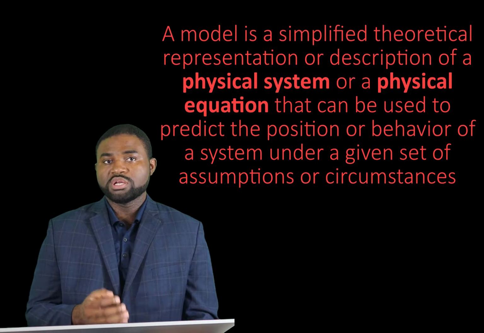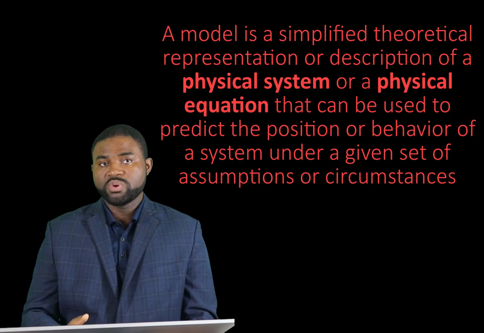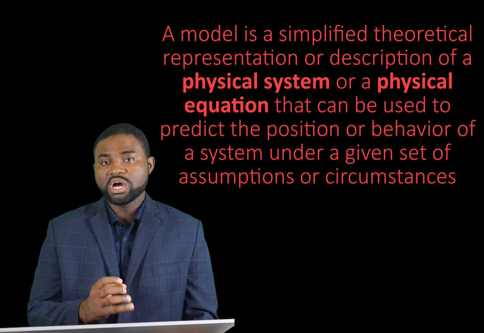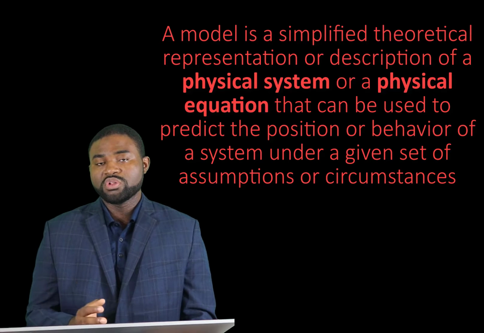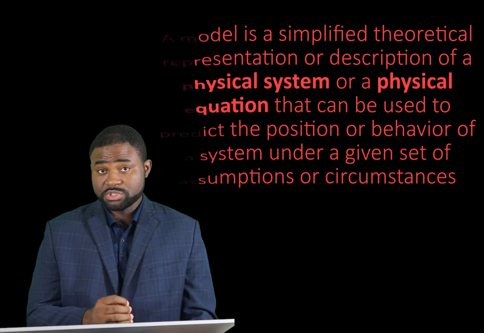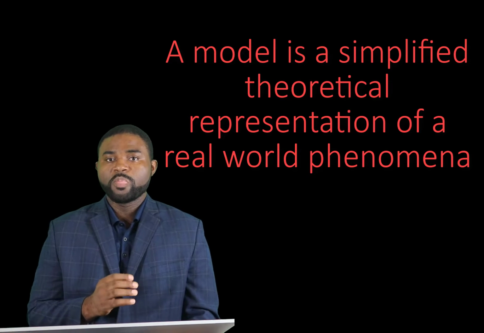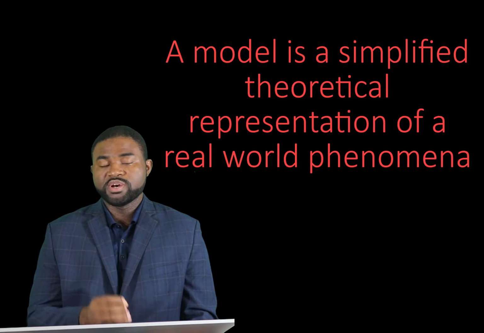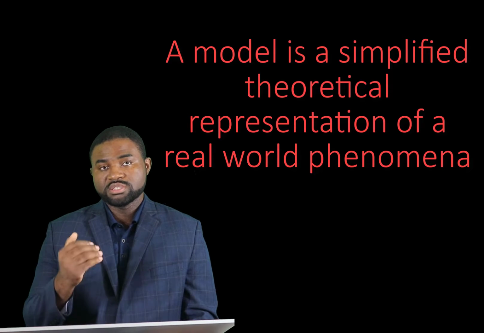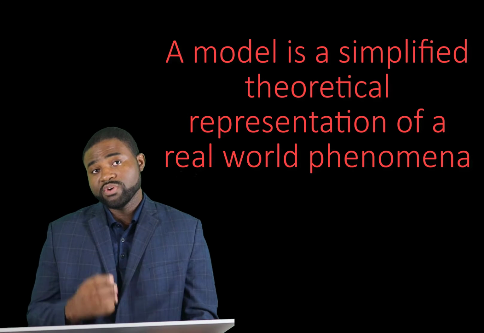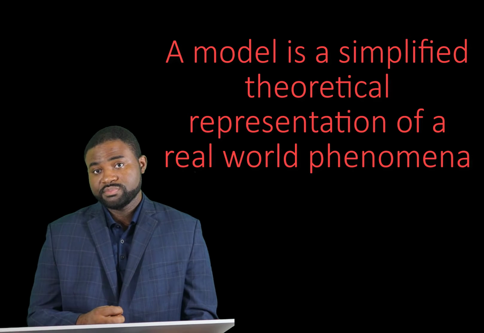Now, a model can also be a physical equation that can be used to predict how a system will move under a given set of assumptions. Therefore, we can also define a model as a simplified abstract representation of a real-world phenomenon.